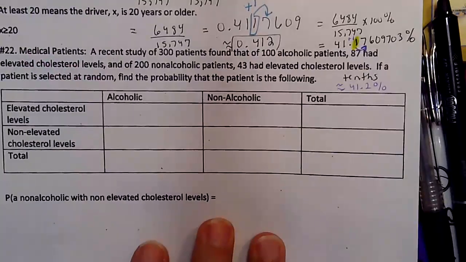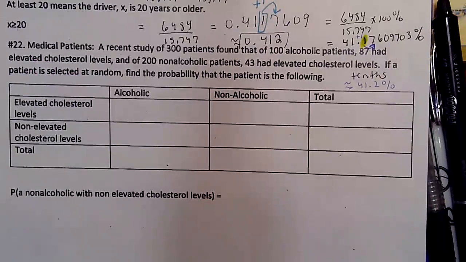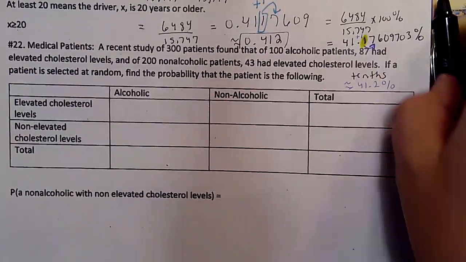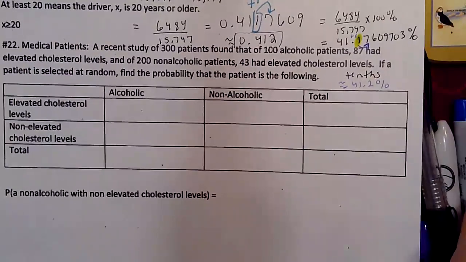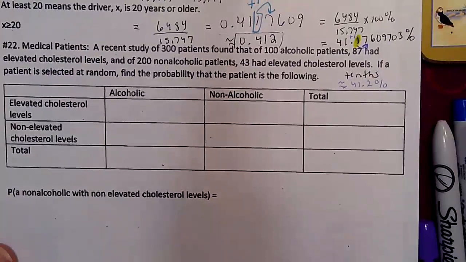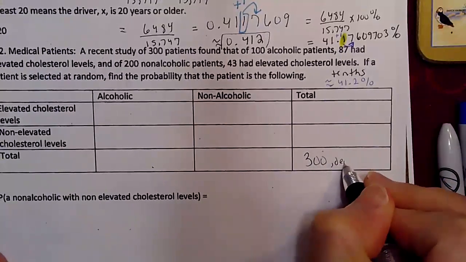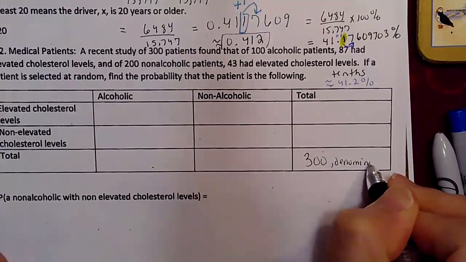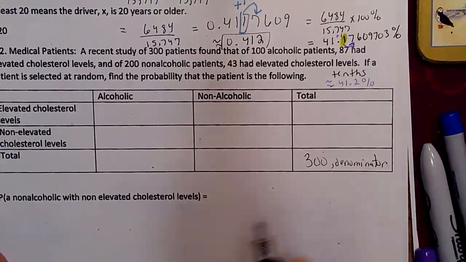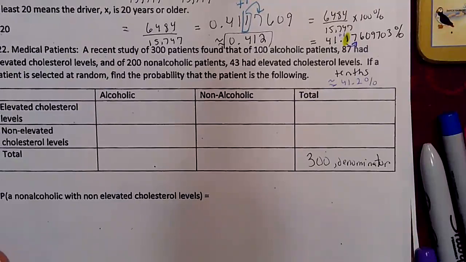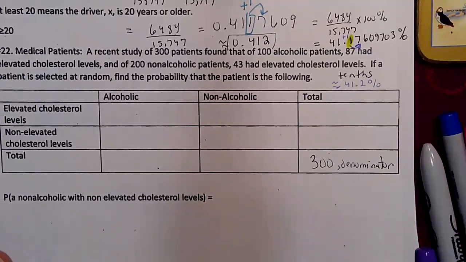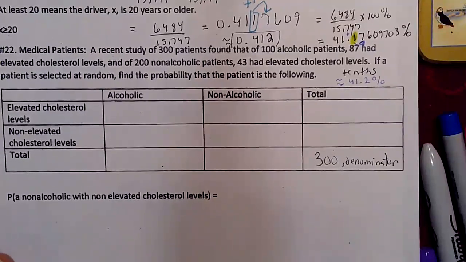Okay, here it's a medical patient, so a recent study of 300 patients. So that's her total in this chart here. That's this right here. That's her denominator. 100 alcoholic patients.